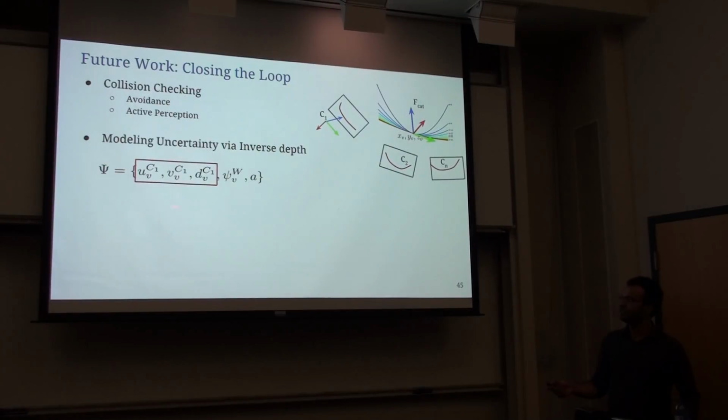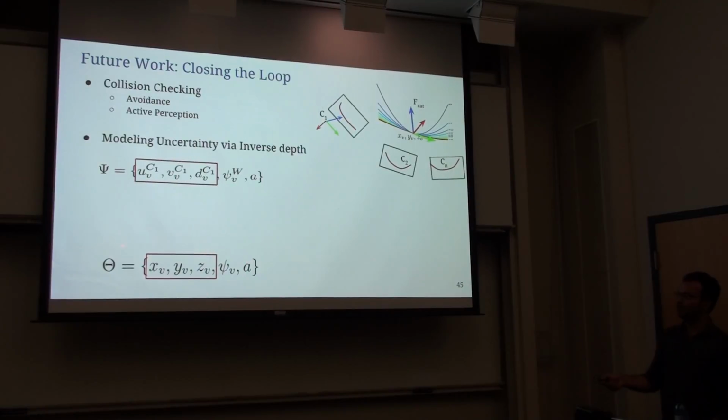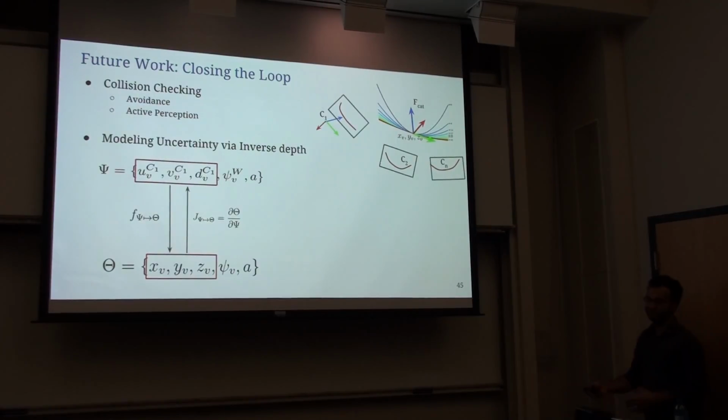So you change your 3 parameters, instead of x, y, z, now I'm calling them psi, and I'm saying the UVD of the vertex in the first camera position of the observation. The yaw state is with respect to the world frame, and till now we were doing things with this model, but we know this is just unprojection. There's some function, inverse of the intrinsics and extrinsics, and this is a Jacobian.